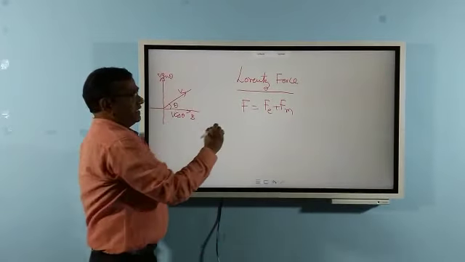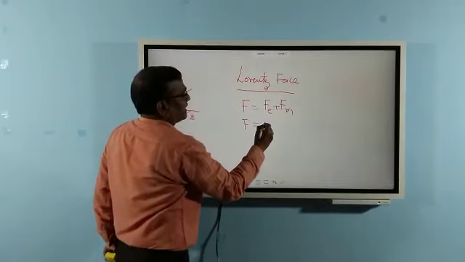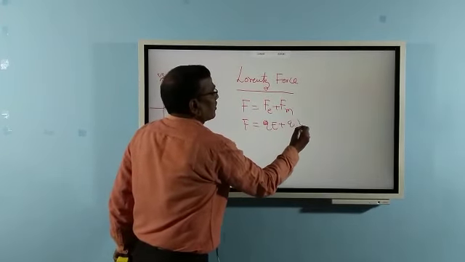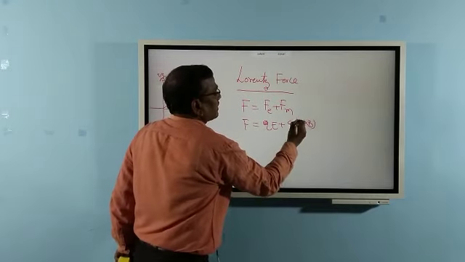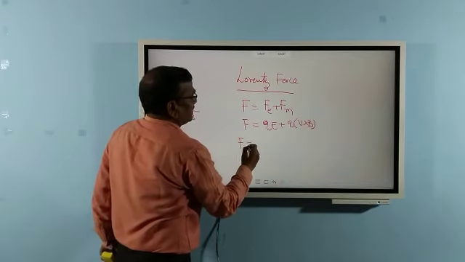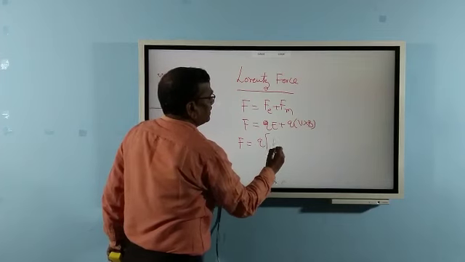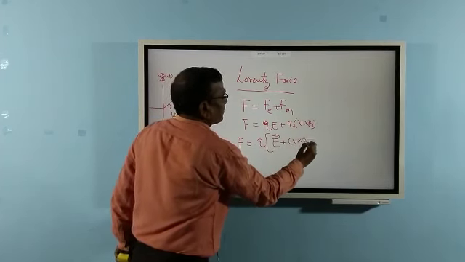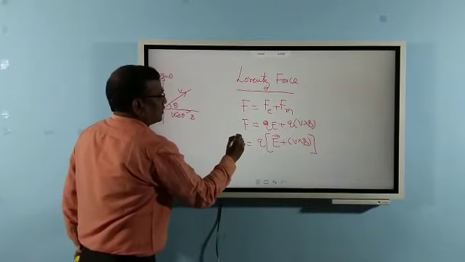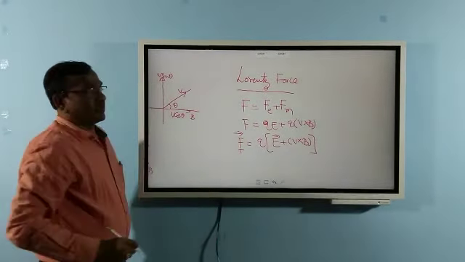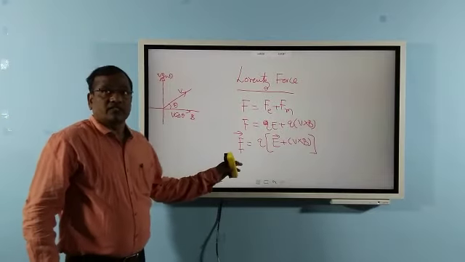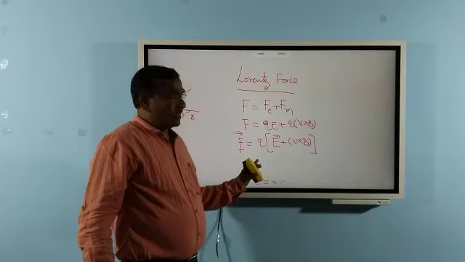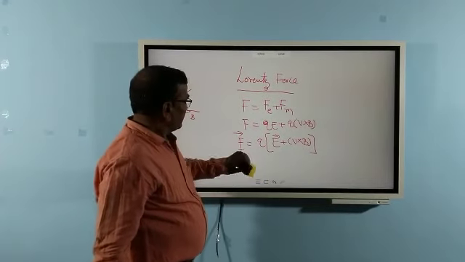So as I said, the electrostatic force is qE plus qv cross B. If you take q common, F is equal to q times E plus v cross B. So this is called the total Lorentz force. It is the force experienced by a charge when the two fields are present simultaneously. The net force is given by this relation.